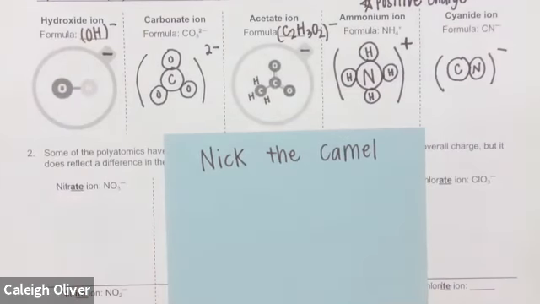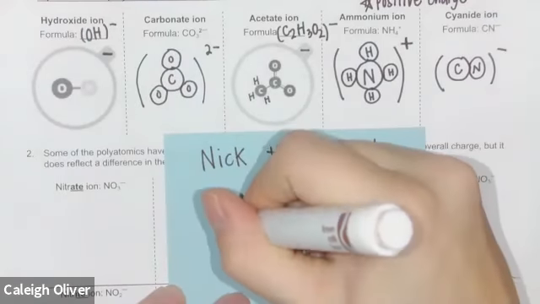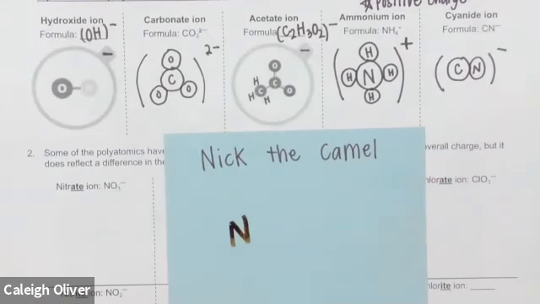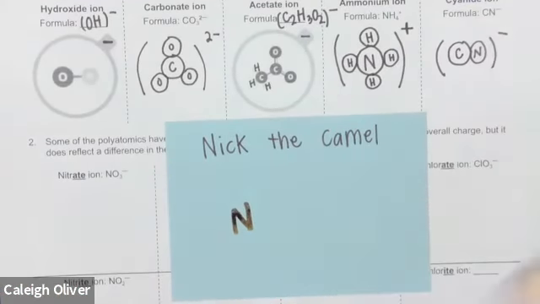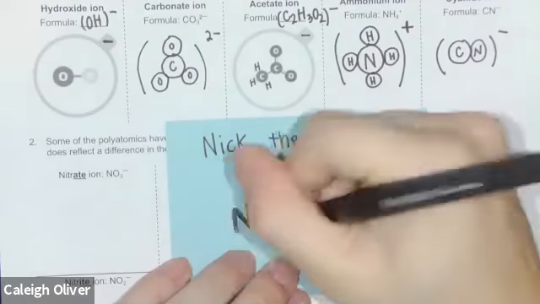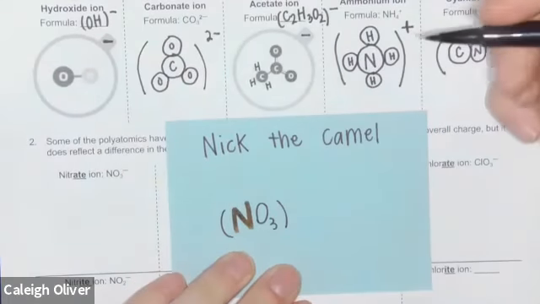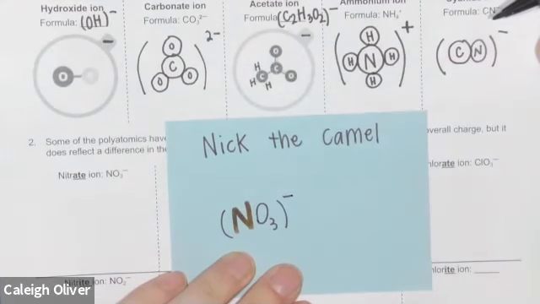So for Nick the Camel, if you're trying to figure out nitrate, the N is from Nick. How many consonants are in Nick? 3. So that's how many oxygens you have. Then how many vowels? 1 minus.